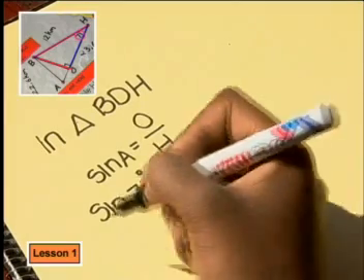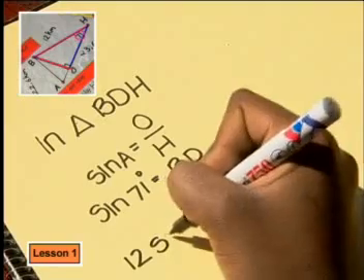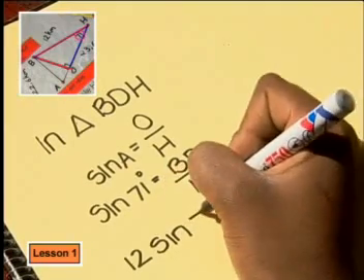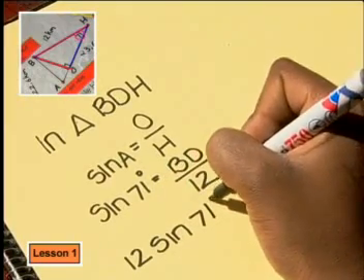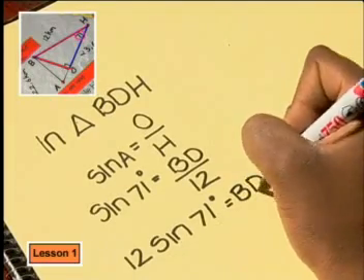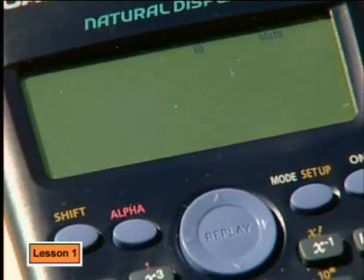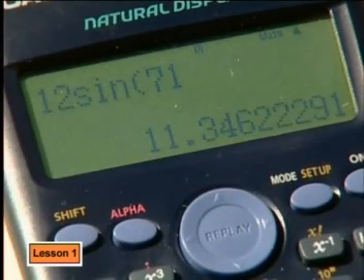I get BD will be sine 71 times 12. On the calculator, I get 11,35.